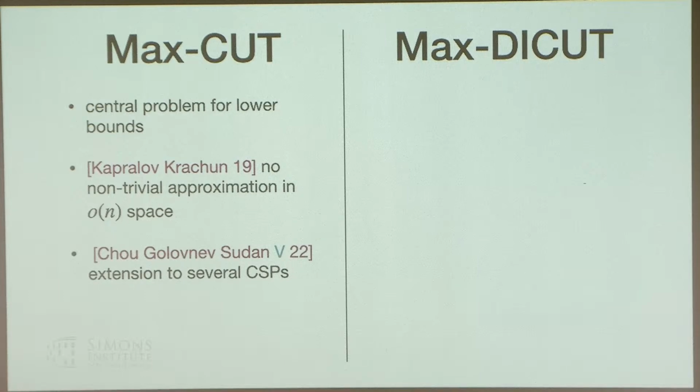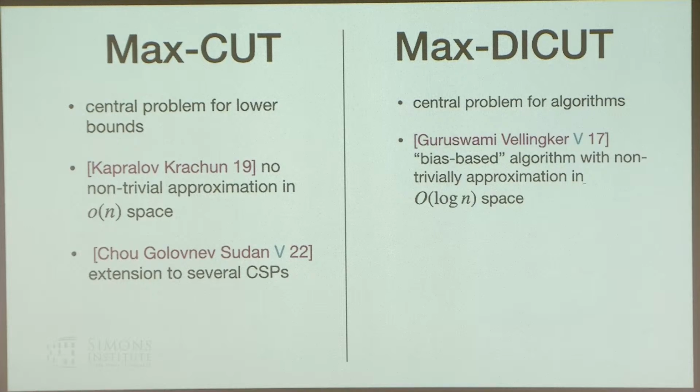Now, the Max-DICUT problem, for a very similar reason, is a central problem for algorithms, because more often than not, whatever algorithms we develop for Max-DICUT can also be extended to a bigger class of problems called CSPs. The first work in this line of research for Max-DICUT was a joint work with Venkat and Amaya, where we gave something called a bias-based algorithm, which non-trivially approximates Max-DICUT in log n space.